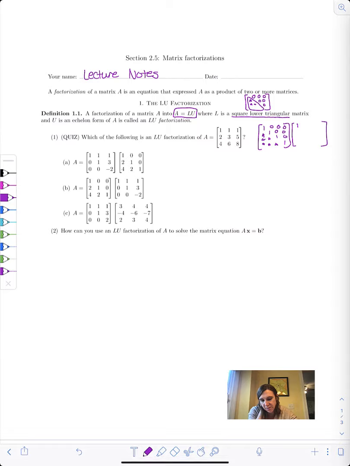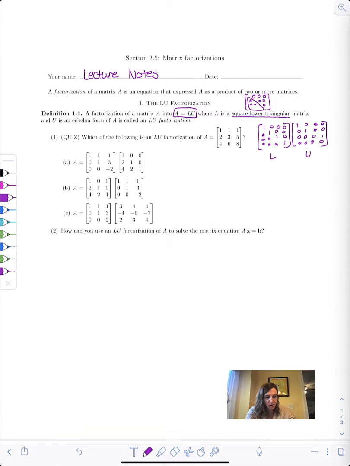So you might have something like this. I'm writing these stars to mean that they might be anything. So maybe we have a matrix that looks like that. So there is a lower triangular matrix and an echelon form of your matrix A.